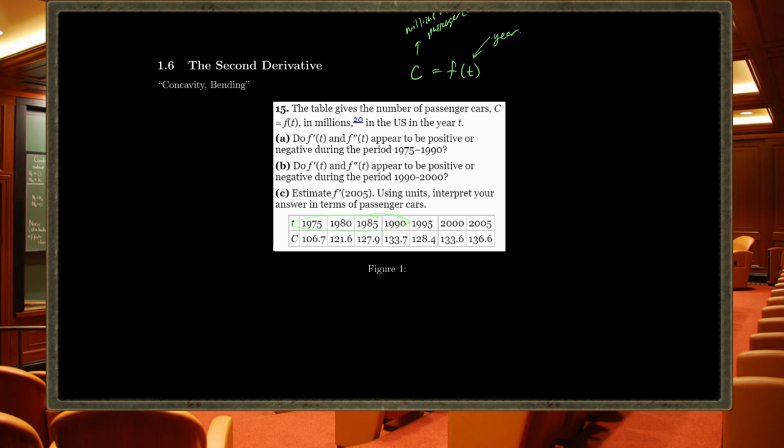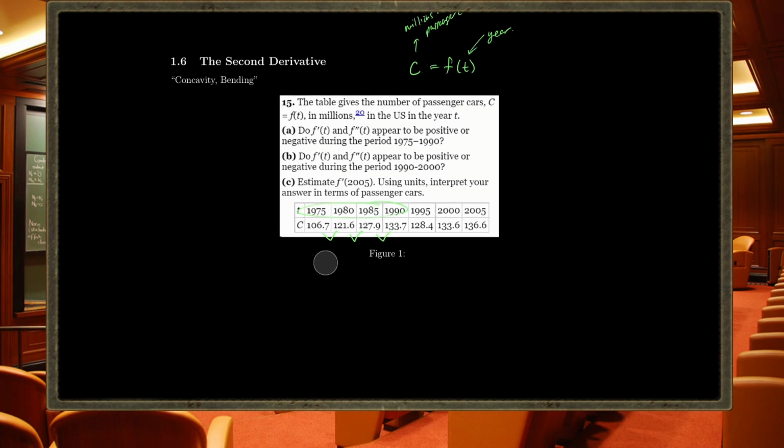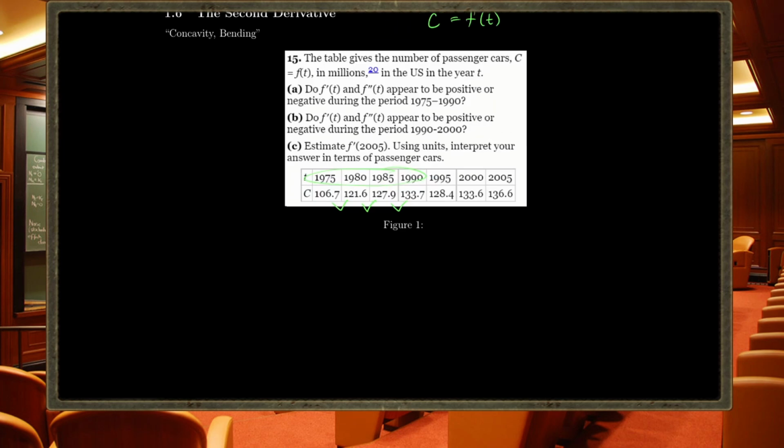For f prime to be positive, what does that mean? It means we need to see that C, the output, is increasing. From here to here we see an increase, here an increase, and here an increase. So what does that tell us?